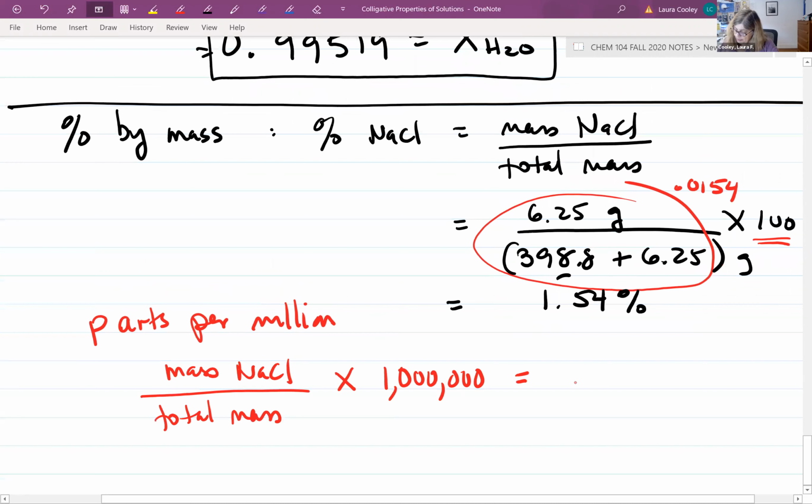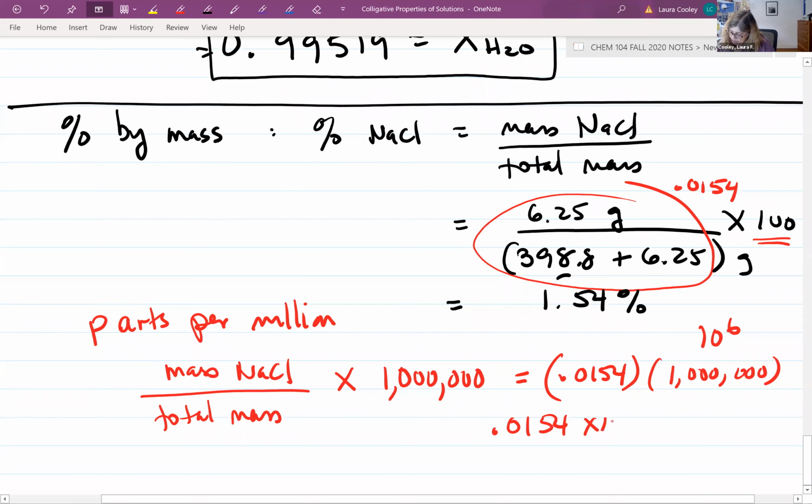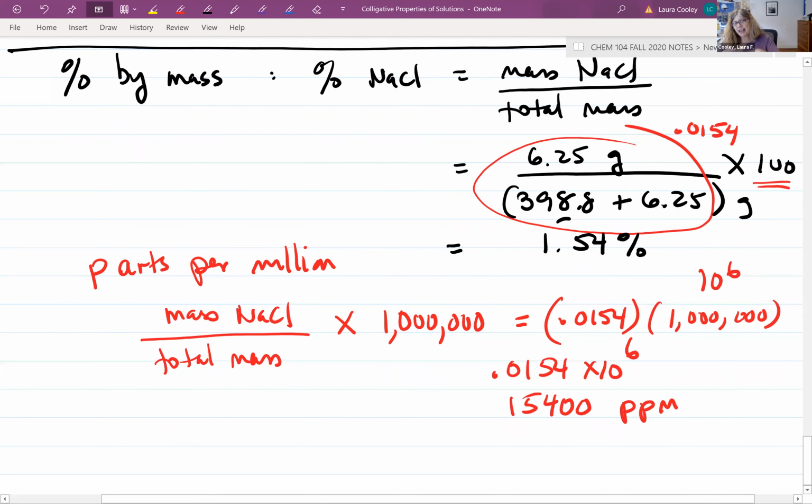So you would take 0.0154 times 10 to the 6th, which would be 15,400 ppm. So if you divided the sample into 1 million parts, 15,400 of those parts would be sodium chloride.